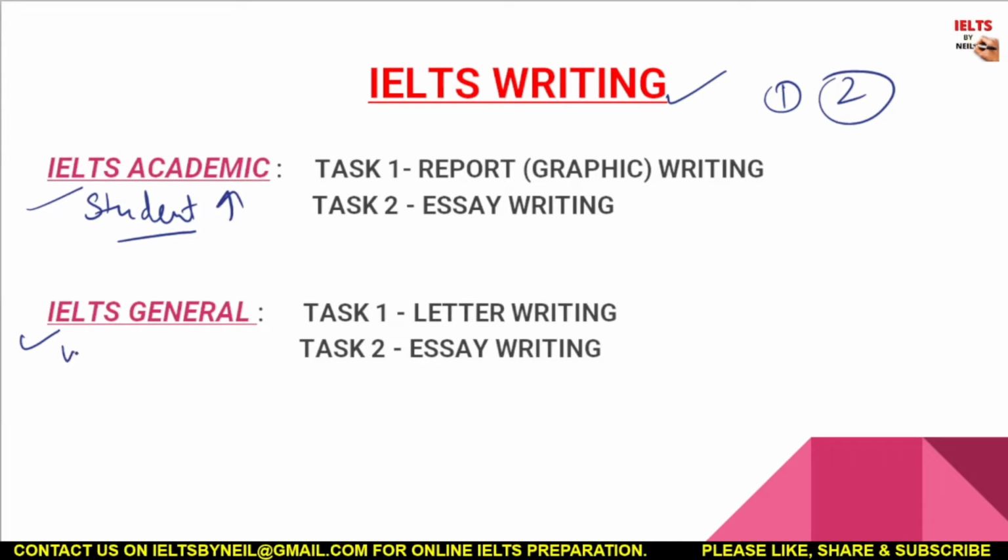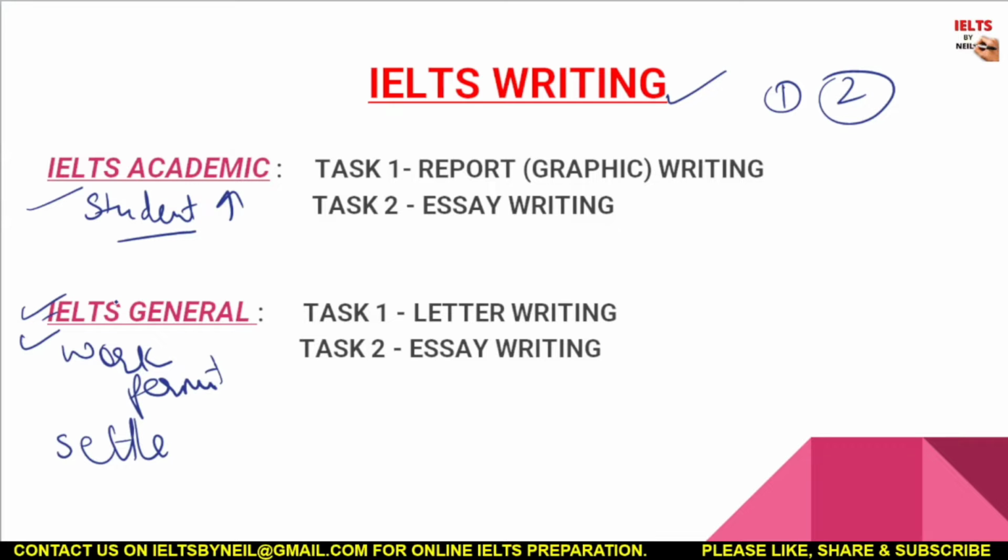And if you're going for a work permit, or if you want to settle in an English speaking country, then you have to go for IELTS general. If you have any questions related to the IELTS academic and general, please watch our video Introduction to IELTS. You will get better clarity on these topics.